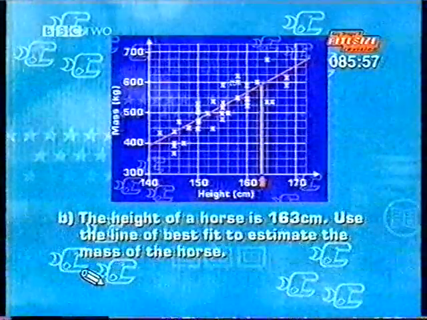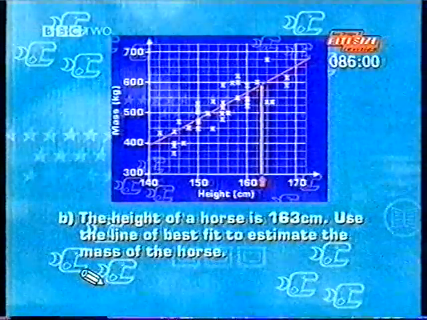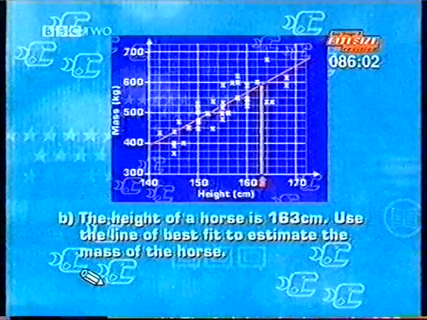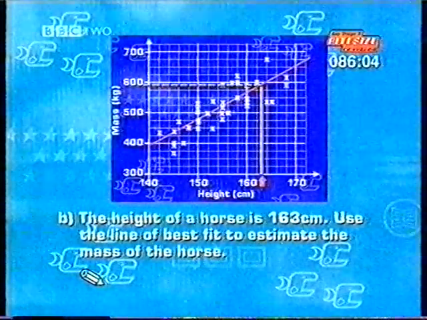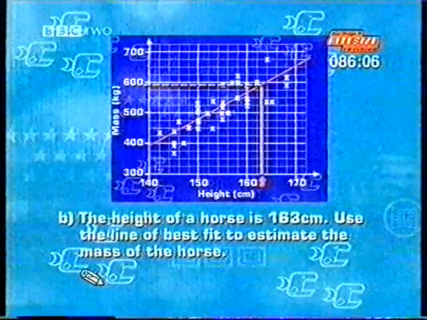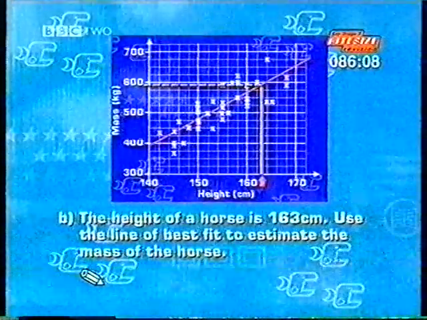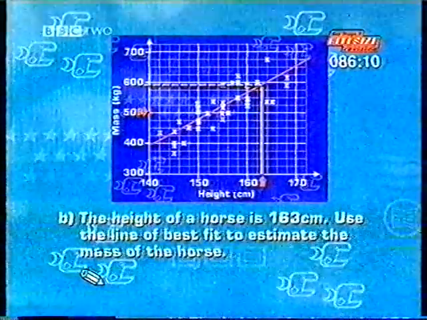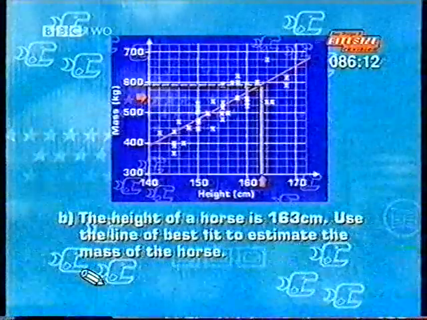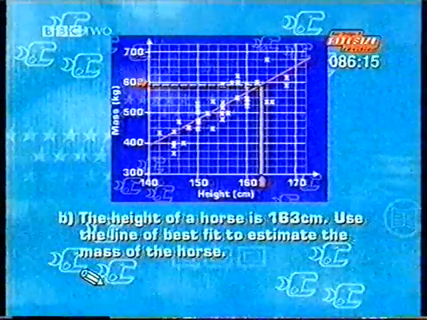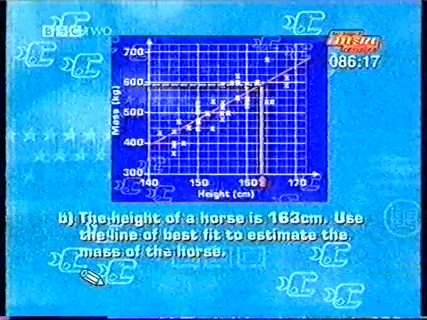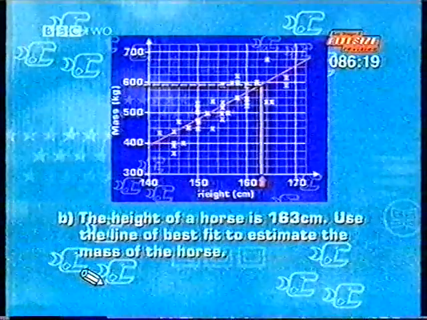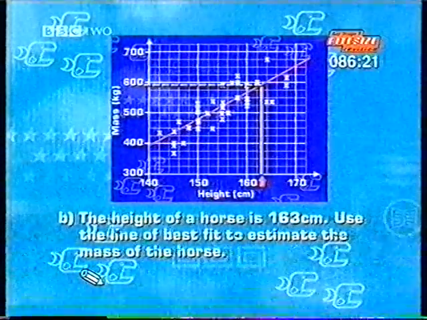Let's draw a line up from 163 centimetres to the line of best fit. Now along to the vertical axis that shows the mass of the horse. We can see there are 100 kilograms between 500 kilograms and 600 kilograms and only 4 squares. So each square along this vertical axis represents 25 kilograms.